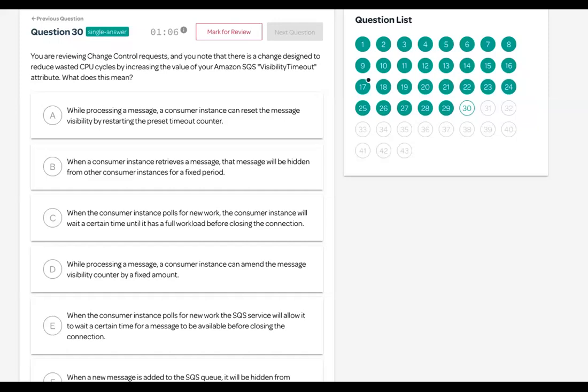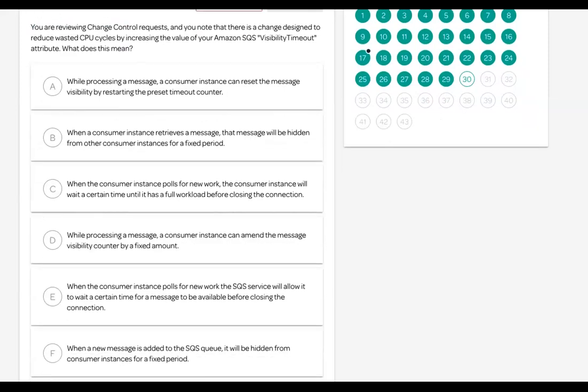When the consumer instance polls for new work, the consumer instance will wait a certain time until it has full load before closing the connection. While processing a message, a consumer instance can amend the message visibility. When the consumer instance polls for new work, the SQS service will allow it to wait a certain time for the message to be available.